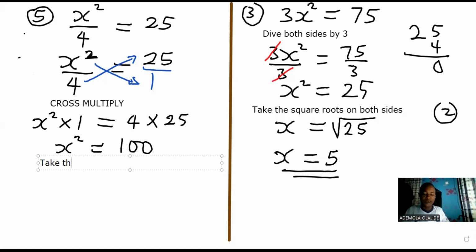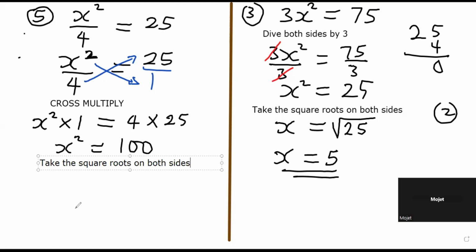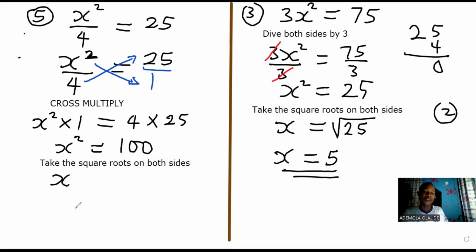Very good. Taking the square root of both sides, the square root cancels the square on x, so you have x left, equals on the right the square root of 100.